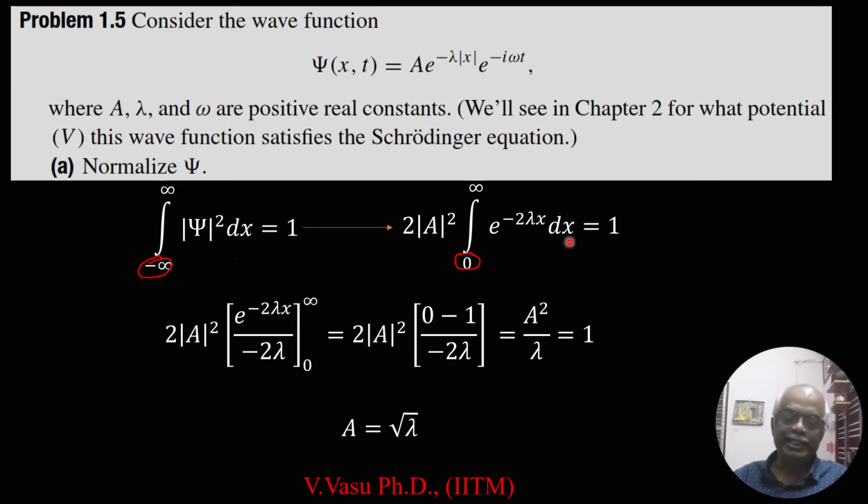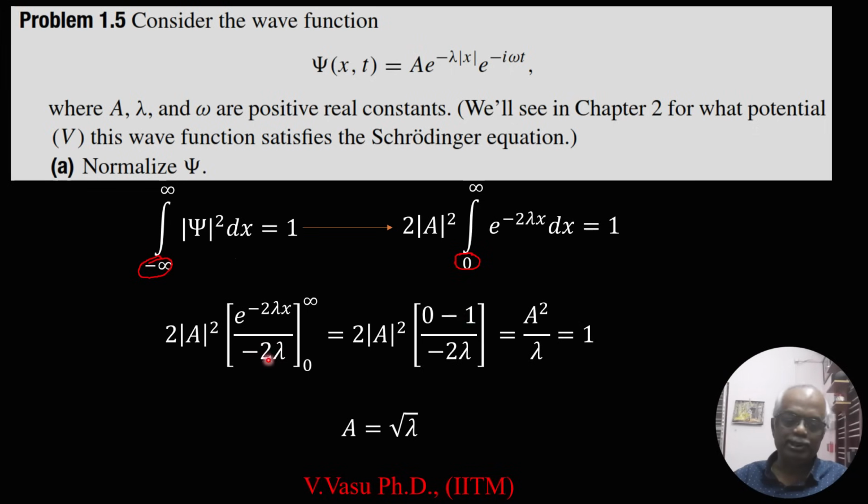So if you integrate this exponential of minus 2 lambda x, then you will get e to the power minus 2 lambda x divided by minus 2 lambda. Limit is 0 to infinity. If you apply the upper limit, it will be 0. If you apply the lower limit, it will be 1, so minus 1.